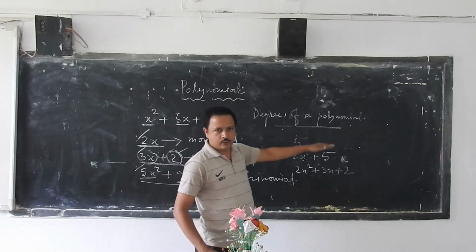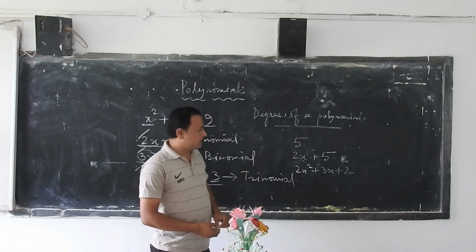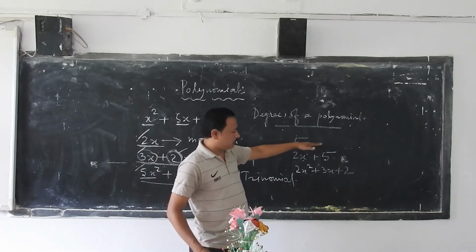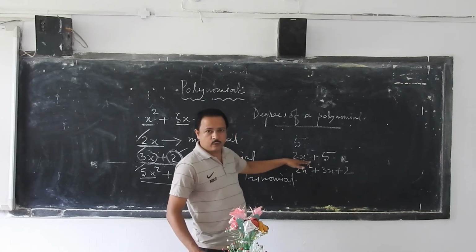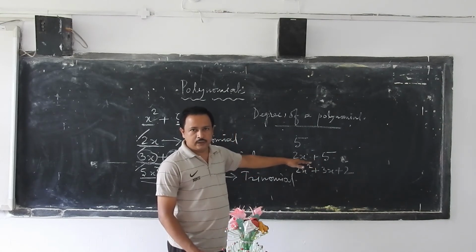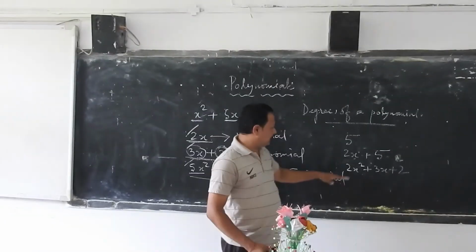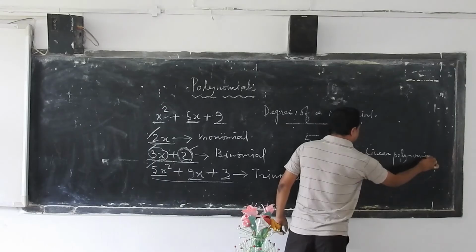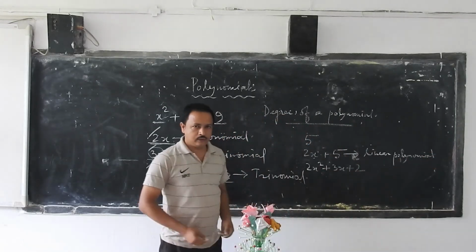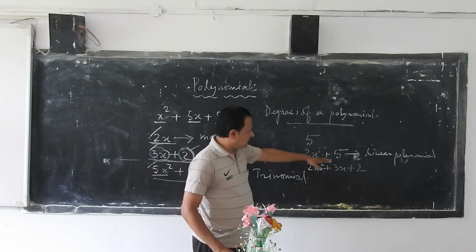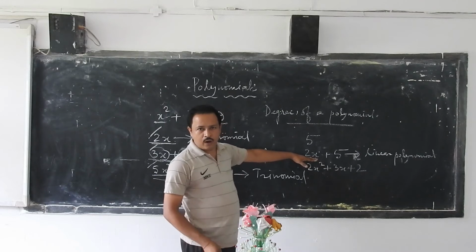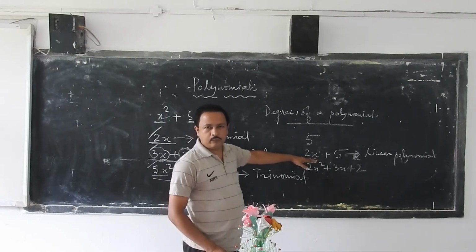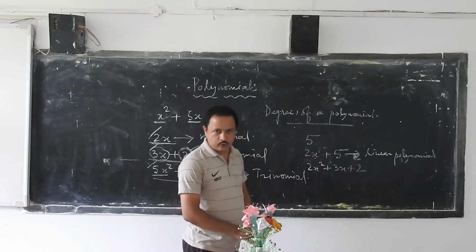And the degree of a constant polynomial is always 0. And this polynomial of two terms, 2x plus 5, has degree 1, and a polynomial of degree 1 is called a linear polynomial.